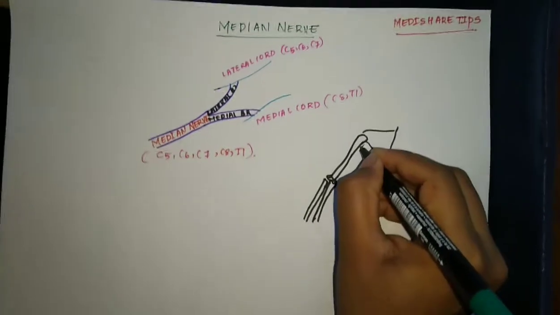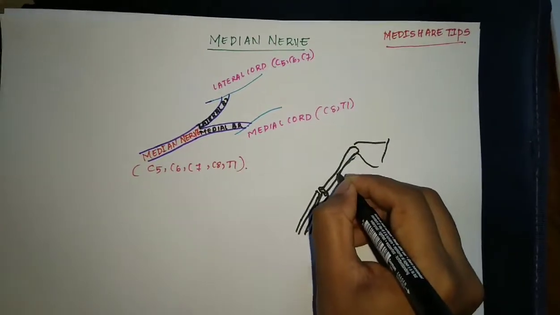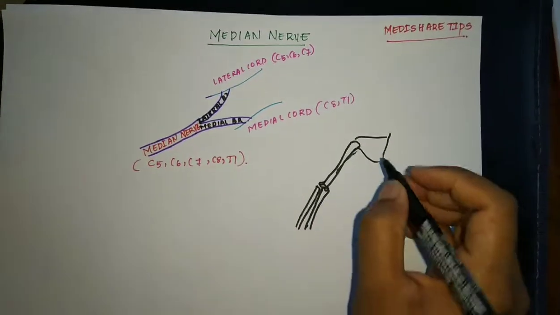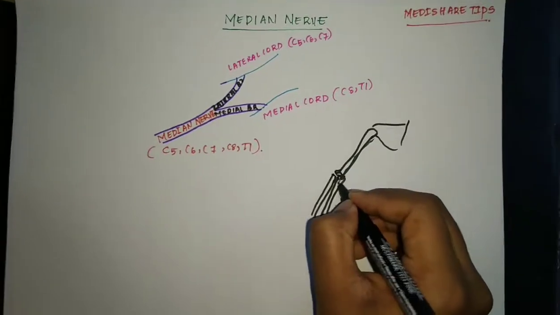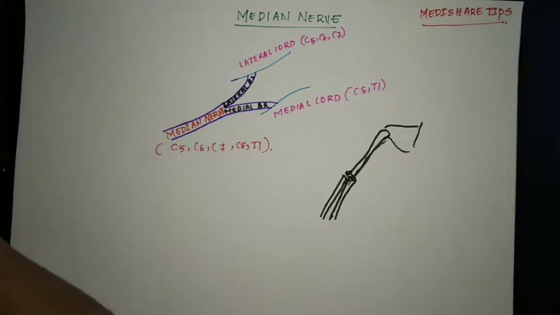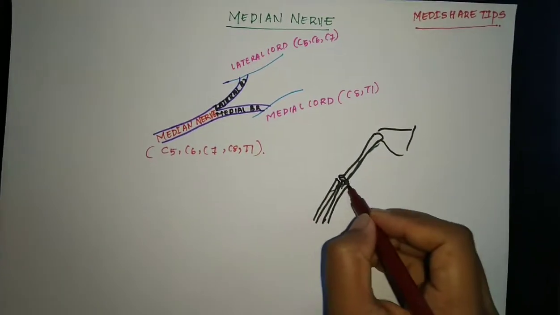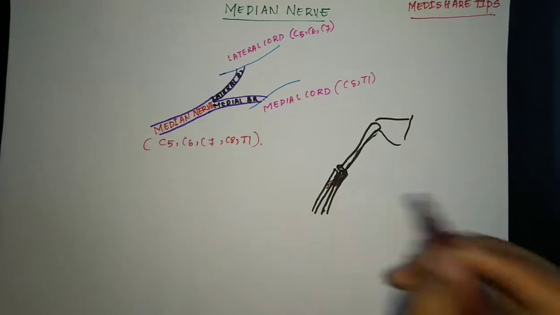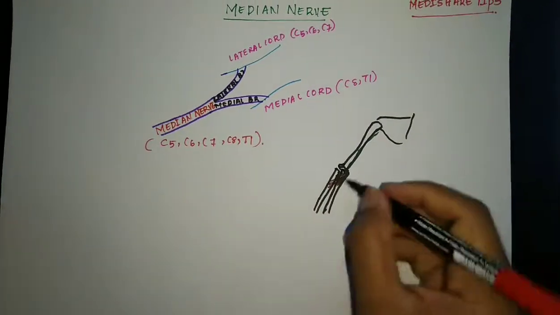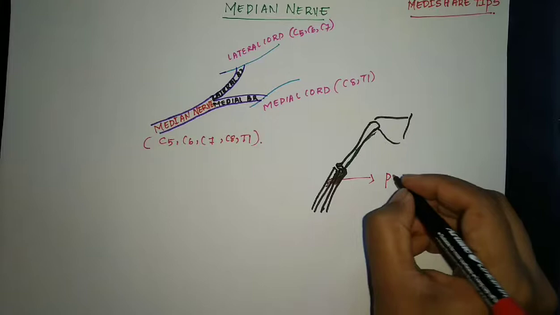The median nerve passes through the arm and there is no nerve supply in the arm, but near the elbow it supplies a deep muscle, which is known as pronator teres.